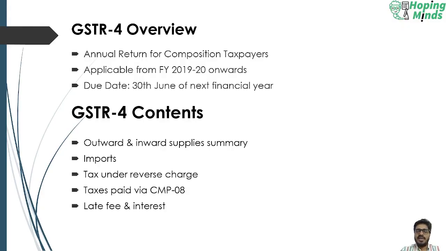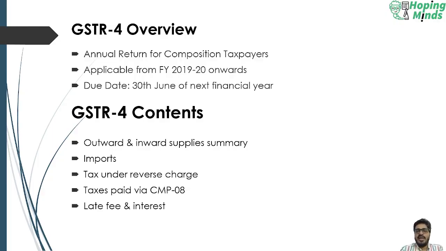And the inward supply summary includes the supplies from registered suppliers as well as from unregistered suppliers. For registered suppliers, the GSTIN of each supplier and their corresponding total supplies during the financial year are required to be filled up. In case of an unregistered supplier, the PAN number of the unregistered supplier and the total supplies during the year have to be filled up, although the PAN number is not a mandatory field.